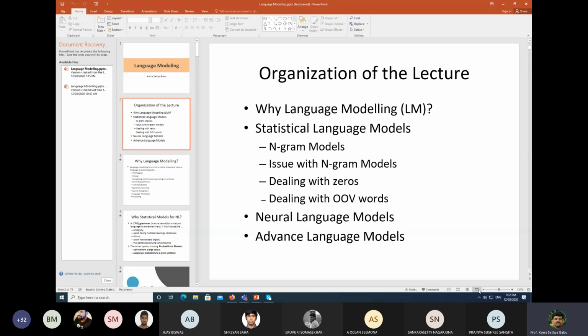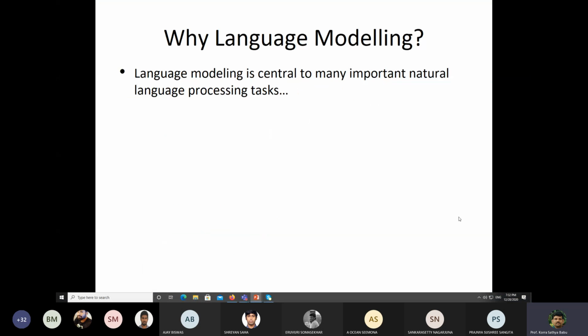So why are we using language modeling? As we have said, it is used for POS tagging, for parsing, for recognizing the correct word sequence in a sentence, generating sentences, text classification, question answering, speech recognition, language translation, and reasoning. For all of these purposes, we use language modeling.